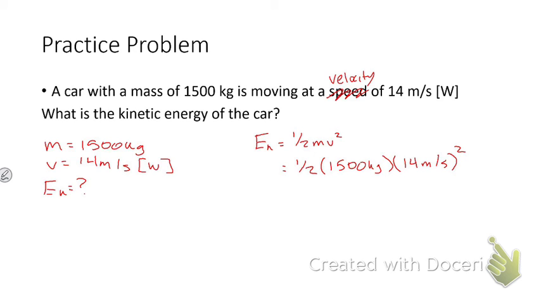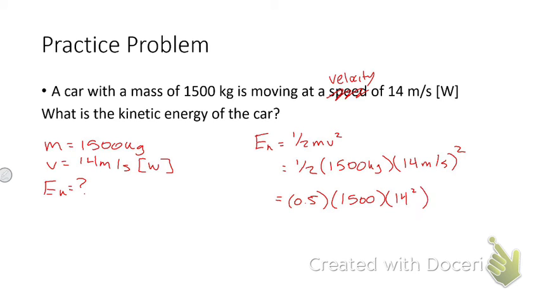And remember, only the velocity is squared here. So when you're entering this into your calculator, put in 0.5, or 1/2, and just use your brackets so you get the right answer.